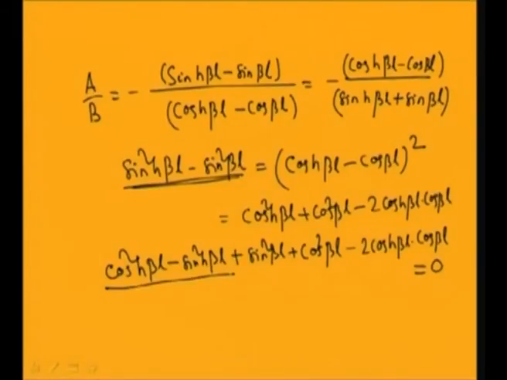You know already that cos square hyperbolic beta l minus sine square hyperbolic beta l equal to 1. Similarly, sine square beta l plus cos square beta l equal to 1. So this becomes 2 minus 2 cos hyperbolic beta l into cos beta l equal to 0, so cos hyperbolic beta l into cos beta l becomes 1.